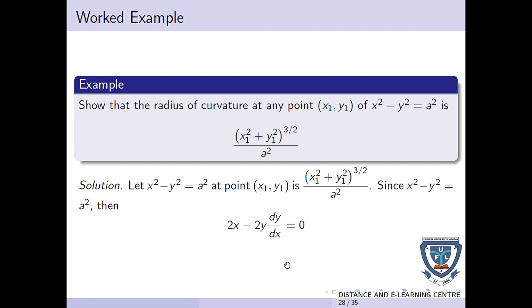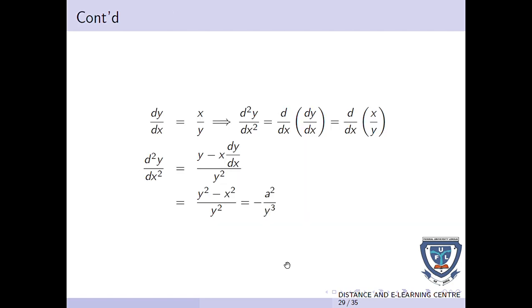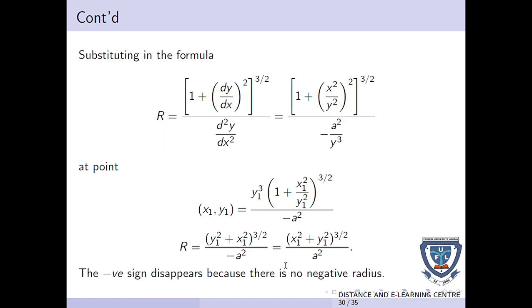Solution: since x squared minus y squared is equal to a squared, then 2x minus 2y dy/dx is equal to 0. So dy/dx is equal to x over y. And differentiating twice will give us minus a squared over y raised to power 3.